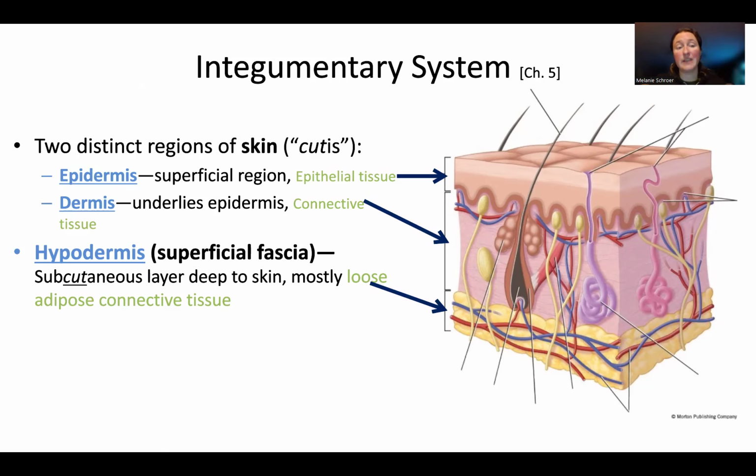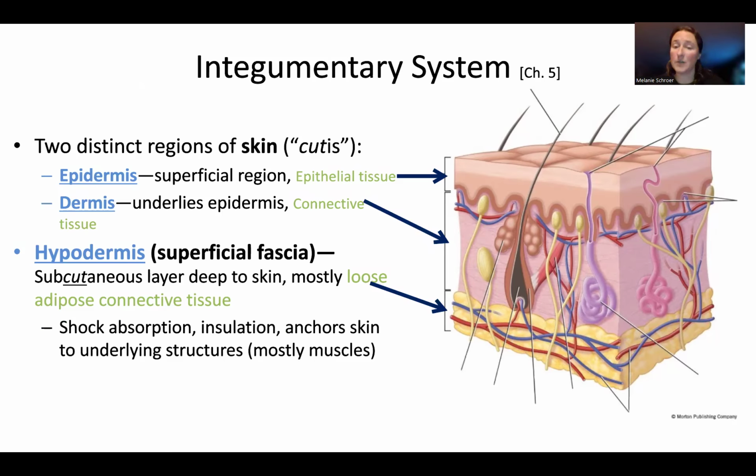Deep to the skin is another layer, another structure. This is called the hypodermis. So hypo means less than or underneath. So hypodermis is a subcutaneous layer, right? If the cutis is the epidermis and the dermis, a sub, under, cutaneous, under skin layer is deep to the skin. For the most part, the hypodermis is made of adipose tissue, loose adipose connective tissue, and this is really important in shock absorption.